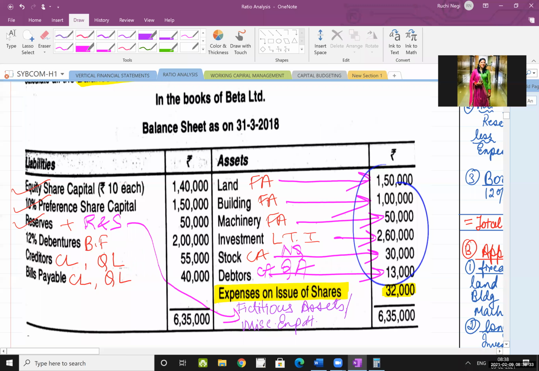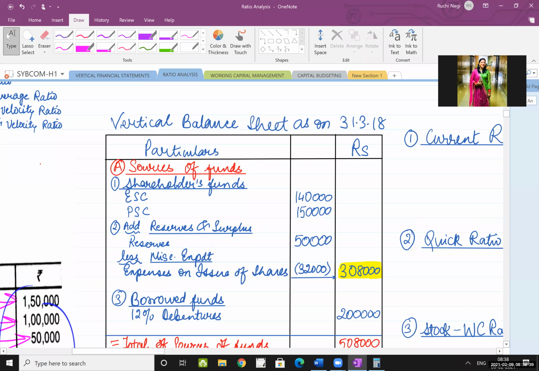Okay, first we will prepare this vertical balance sheet. We have to make it, because the numerator and denominator for the formulas we apply will come from this vertical balance sheet. Anyway, sometimes without making a vertical balance sheet you can also calculate ratios, but that I will teach you later.